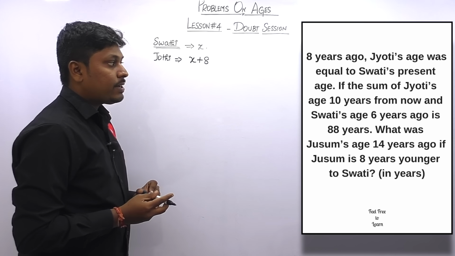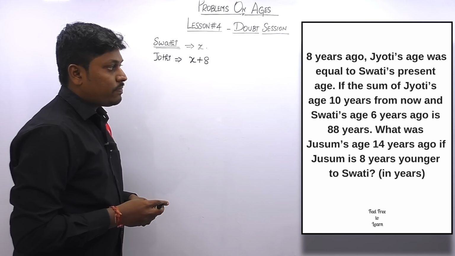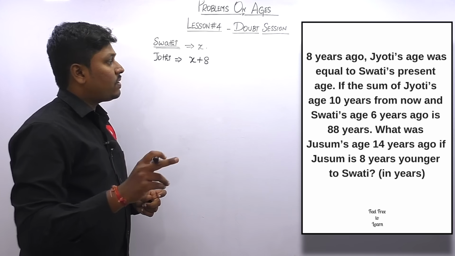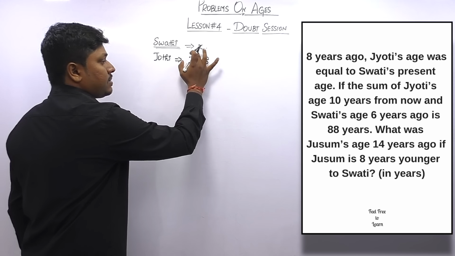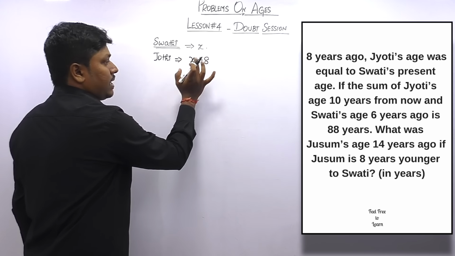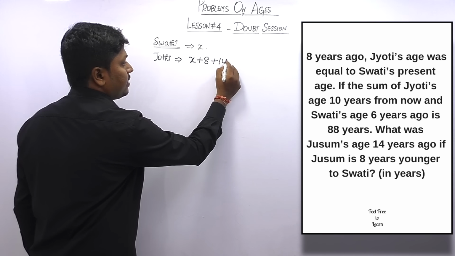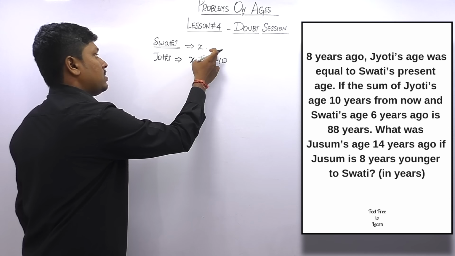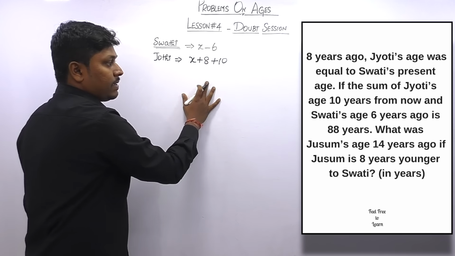Okay, second point, if the sum, which is addition, right? If the sum of Jyoti's age 10 years from now, so let me add 10, and Swati's age 6 years ago. 6 years ago, they're talking about the past, so minus 6, is 88.